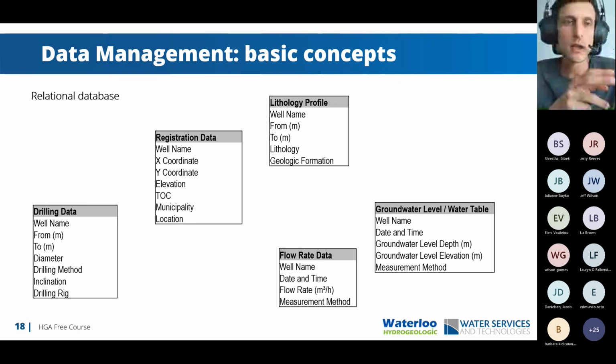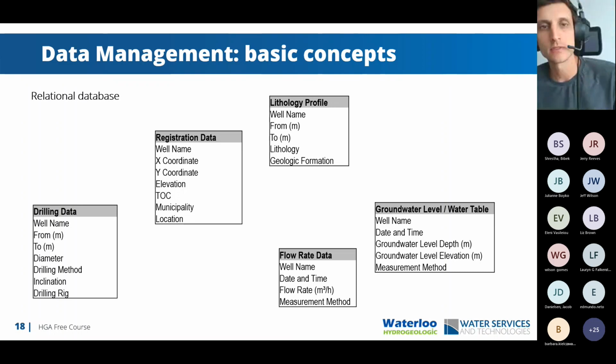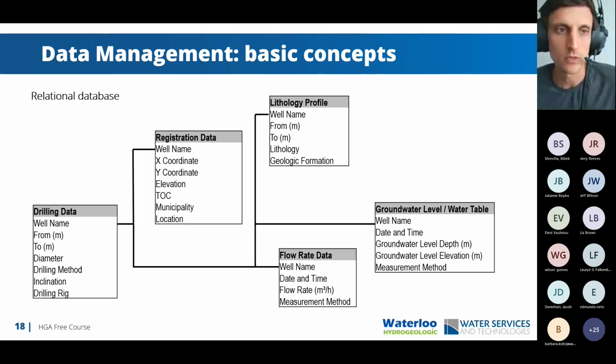You have drilling data, registration data, lithology profile, flow rate data, groundwater level. So you have all these different pieces of information, but they have something in common, which is the well name. The well name is present in all these tables, and this way you can see a relation between all these tables.